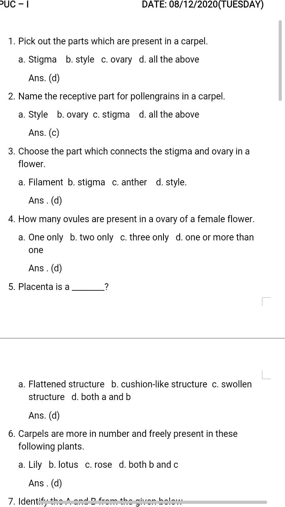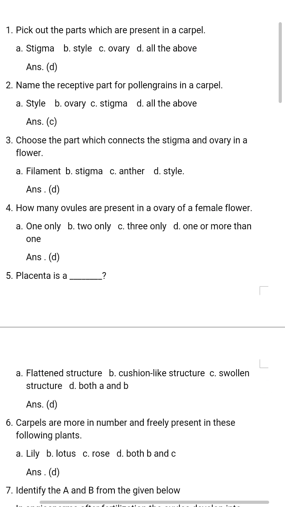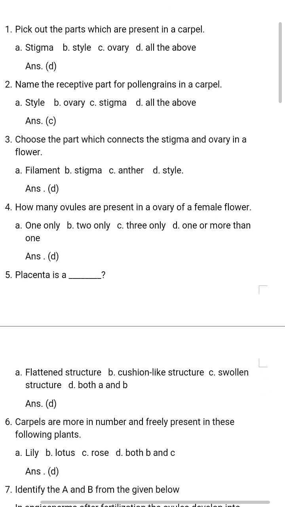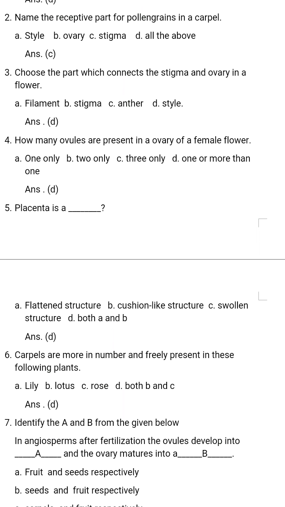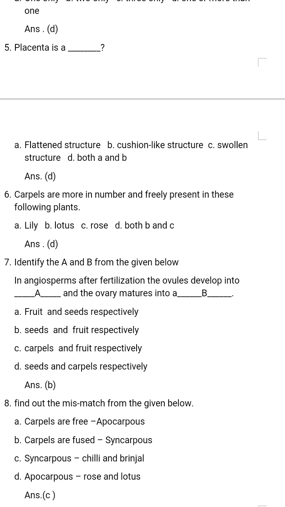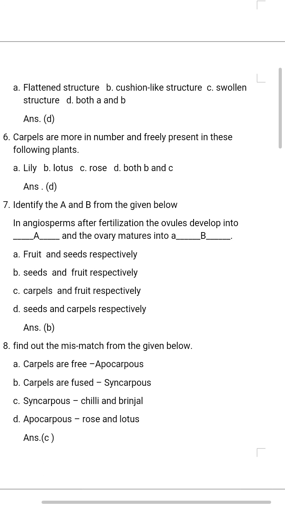So now moving to the fifth question. Placenta is A. So you need to identify the correct option for placenta. Option A, flattened structure. B, cushion-like structure. Option C, swollen structure. Option D, both A and B. So the correct option for this question is option D. Why?